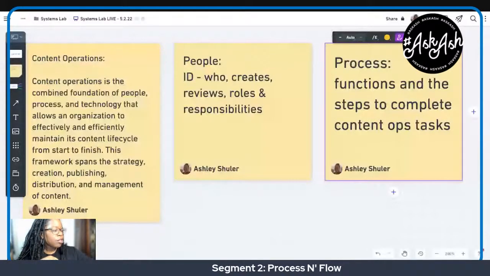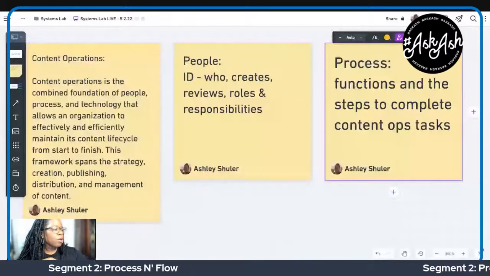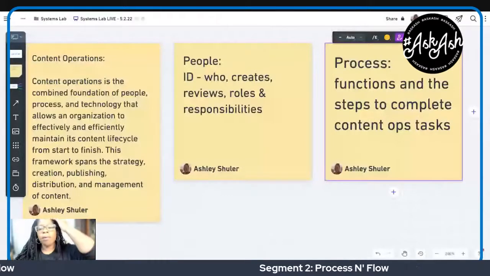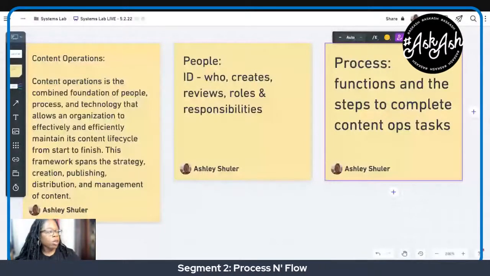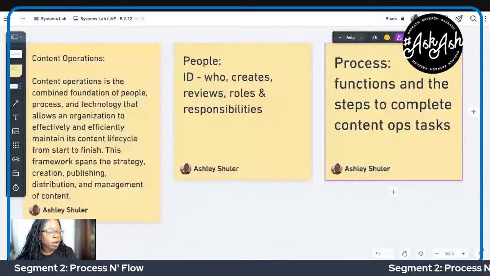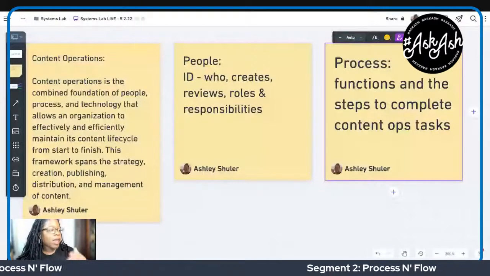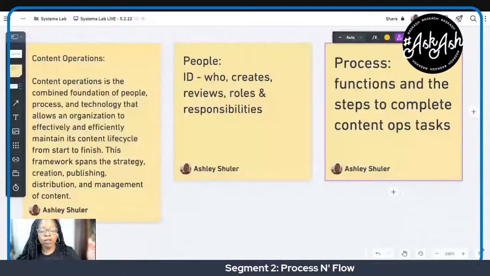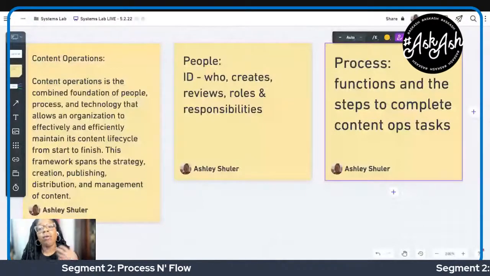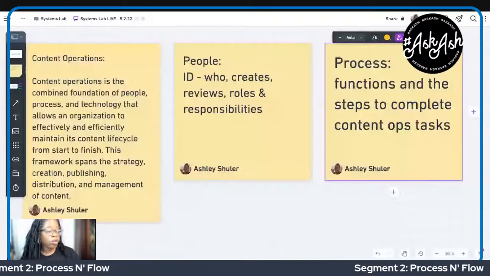So from a content operations perspective, internally you're looking at the people factor and then the process. And from an external factor, you're looking at what platform, and also the product that's being produced.